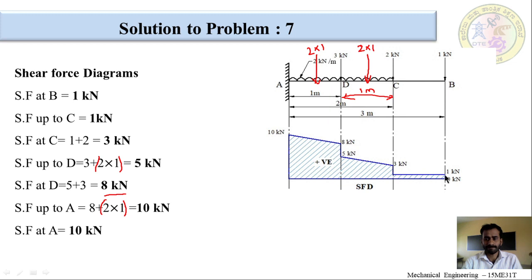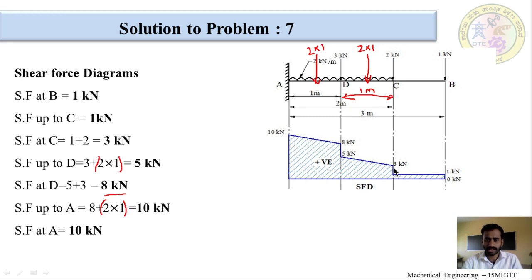So, it is a vertical line up to 1 unit, and mark it as 1 kilonewton. Then from B to C, it is constant, so a line which is parallel to the base line. It is constant up to C, and the shear force at C is 3 kilonewton.